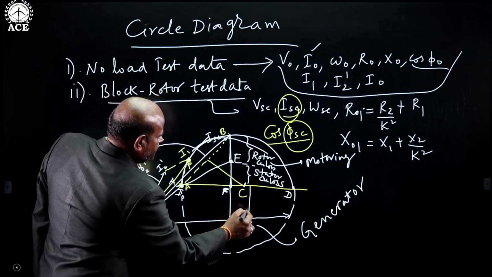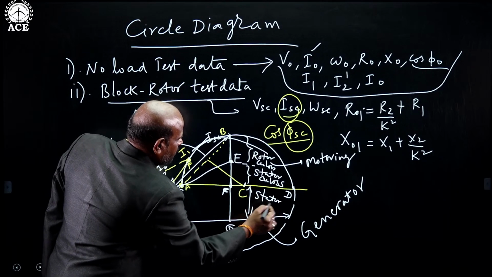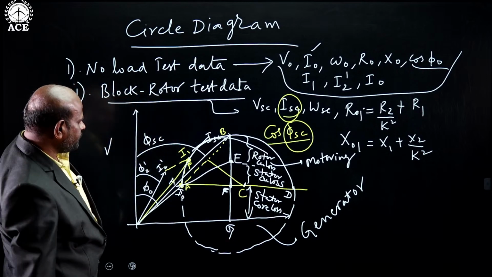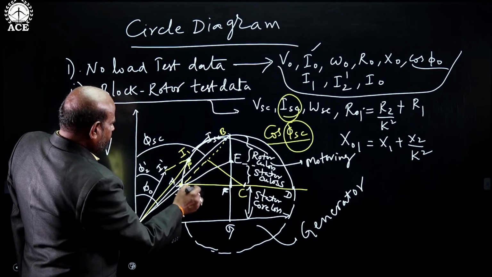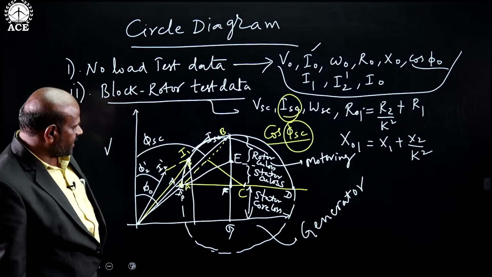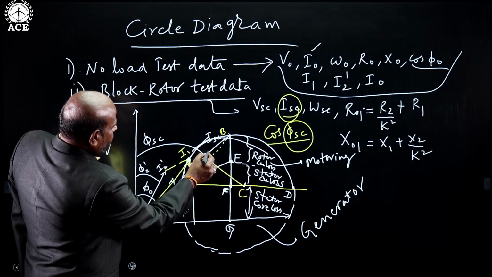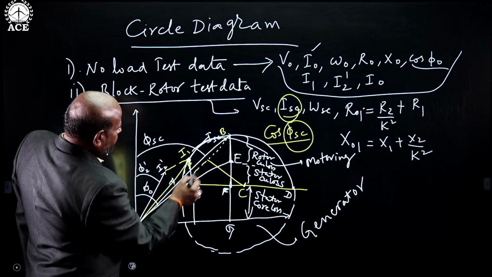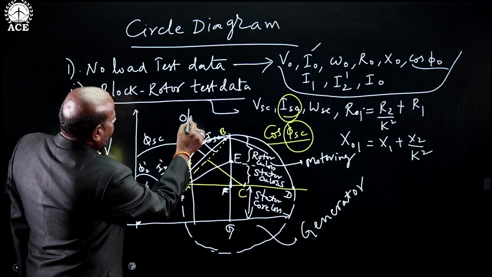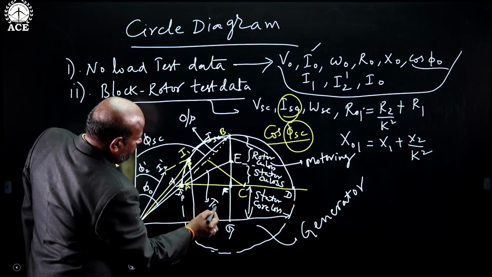Next, this CG indicates stator core loss. And from point P, if you draw a perpendicular line here onto the x-axis, the line drawn between A and B is called the output line, and this AE is called the torque line.